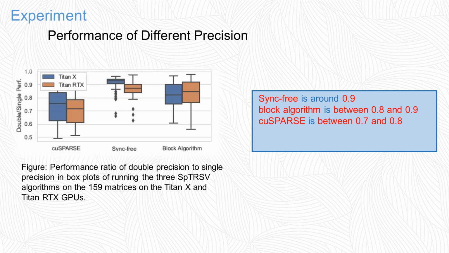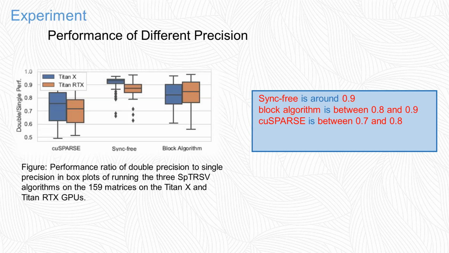As we can see, on the 2 GPUs, the ratio of double and single precision performance of sync-free is around 0.9, and the ratio of our block algorithm is between 0.8 and 0.9, while that of cuSPARSE is between 0.7 and 0.8.